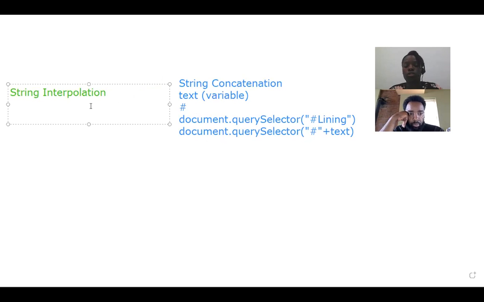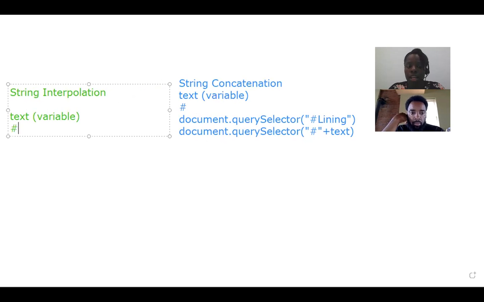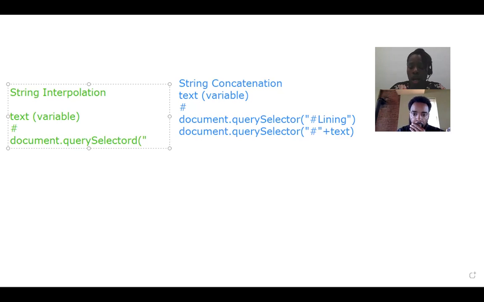Okay. So now we're talking about string interpolation, the same text variable, right? And the same hashtag and the same idea of a document dot query selector, right? This is what we want.